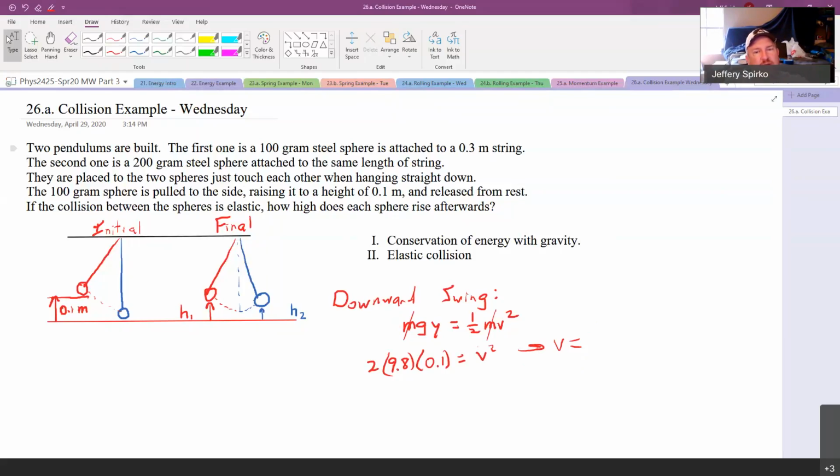So h is 0.1 and v is the square root of 2 times g, which is 9.8, times h, and I get a v of 1.4 meters per second. So that's the speed of impact at the bottom when this red sphere gets to the bottom of its motion. And then there's this elastic collision.